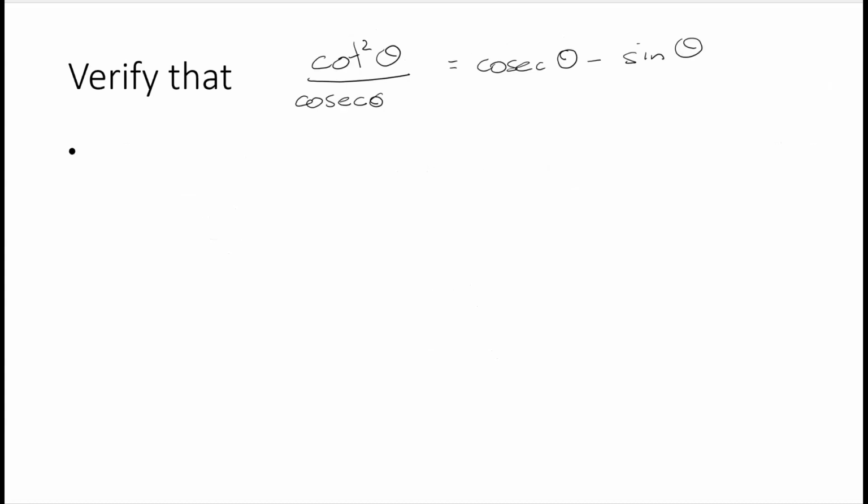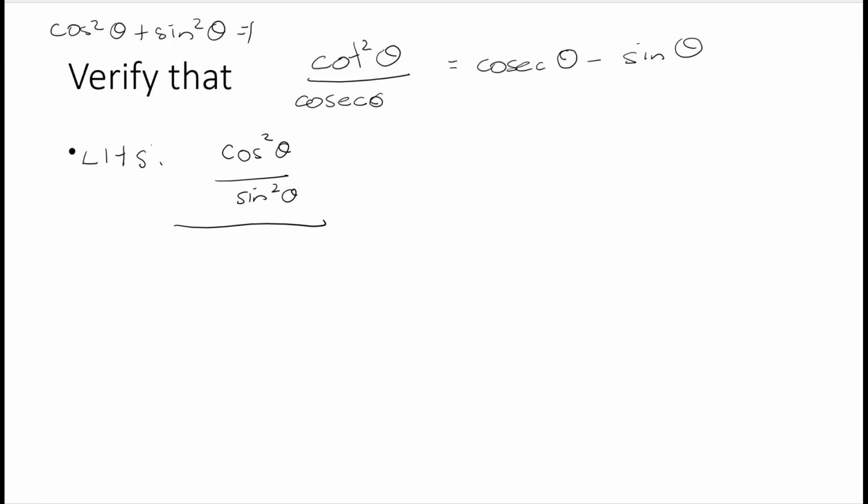This one. Again, let's put everything in terms of sine and cos, and let's also remember that cos squared theta plus sine squared theta equals 1. Okay, on the left-hand side, cot squared is cos squared over sine squared, and cosec is 1 over sine theta.